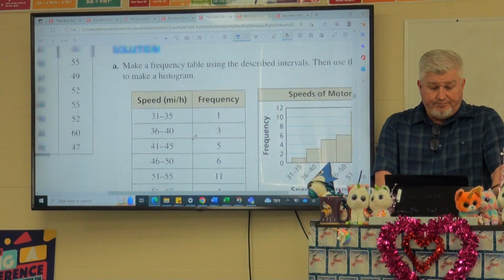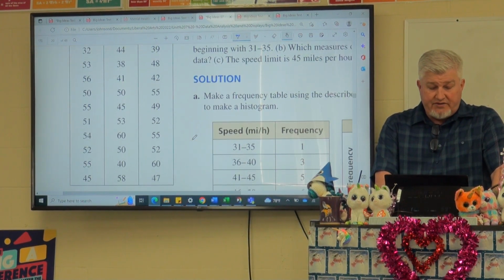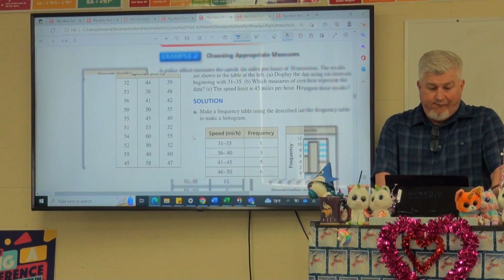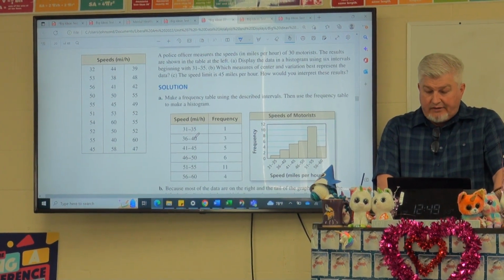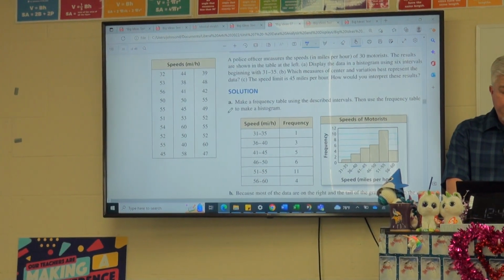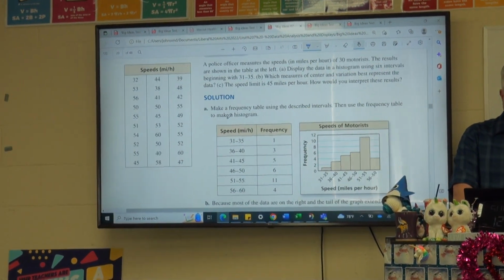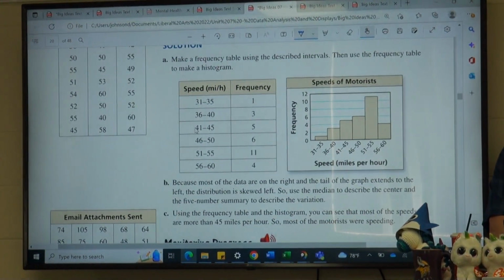So here's the table of these motorists. Zoom back out a little bit. Okay? So they looked at 30 motorists and took their speed, what they were traveling at. Then he lumped them into a table you see here.